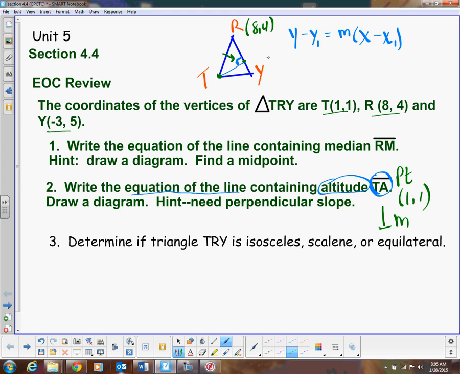You know Y to be negative 3, 5. Can you find the slope of this line? Right here. Can you find that slope? Yes. Now, the slope of what we want is what kind of slope? Perpendicular. So you find the slope of RY, then you find the perpendicular slope, and with these two pieces of information, you come up here and substitute in.